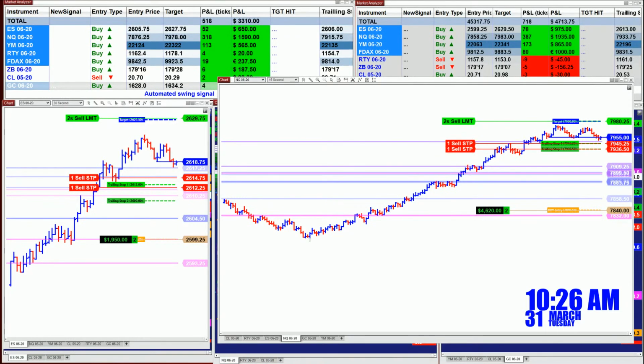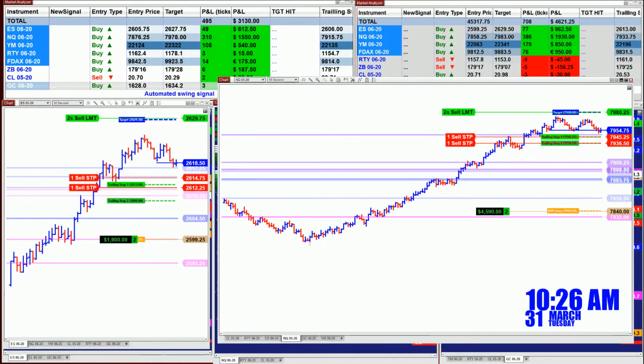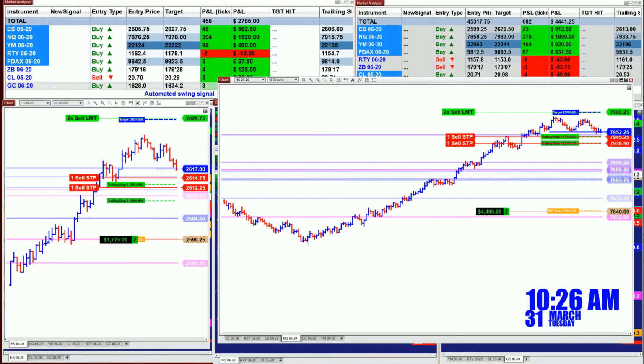Okay, we are descending to 7945.25 on the Nasdaq, and let them close. It's fine. So we are about to get 4,000 on the Nasdaq and around a couple thousand on the ES.